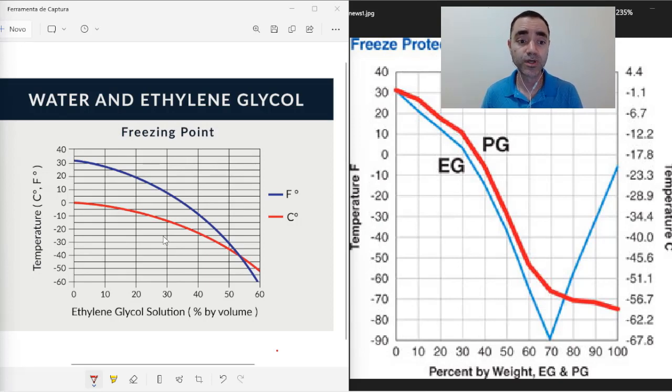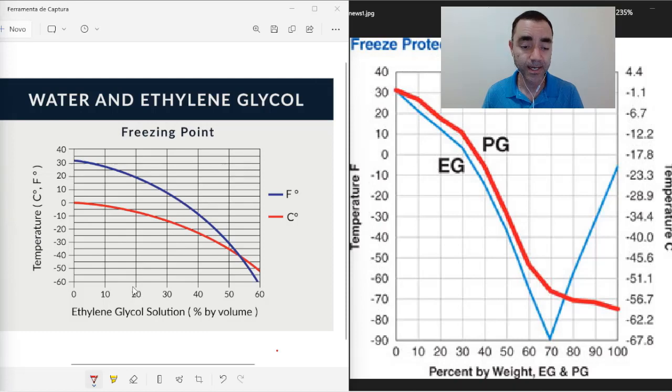So here, just to give you an example, let's suppose that I want to guarantee a freezing point of 20 Fahrenheit for my fluid, my coolant fluid, or for my chilled water. If I use a percentage volume chart, I will go to the 20 Fahrenheit and look for 20% of volume of ethylene glycol to be mixed in the water.